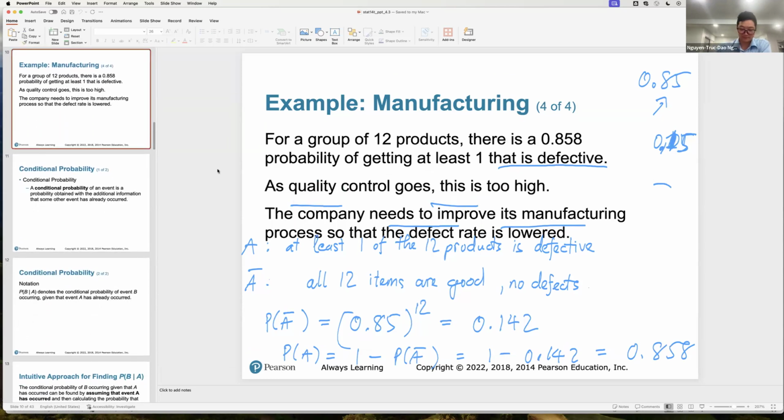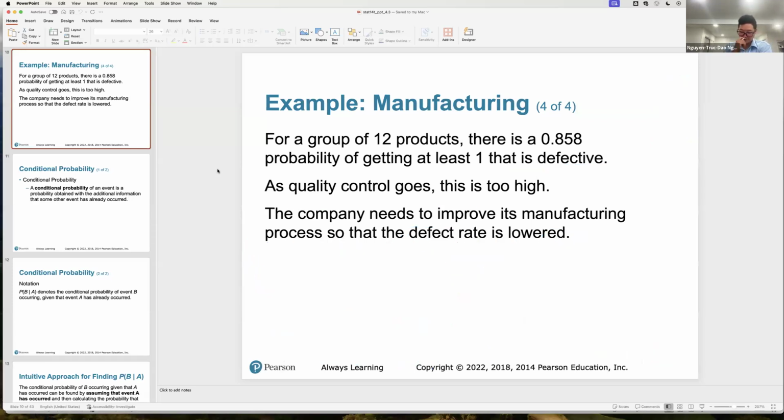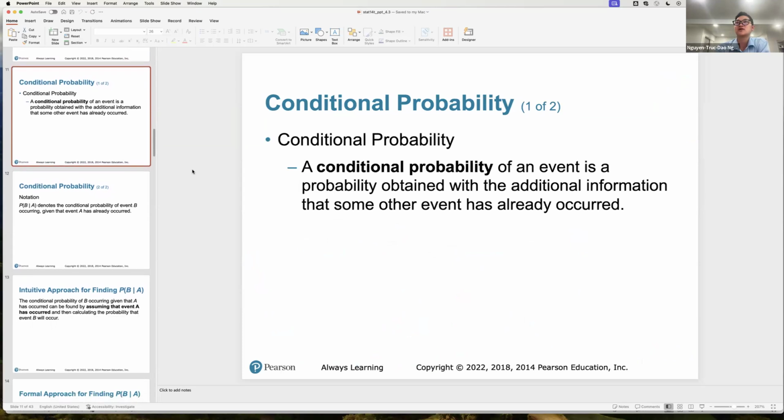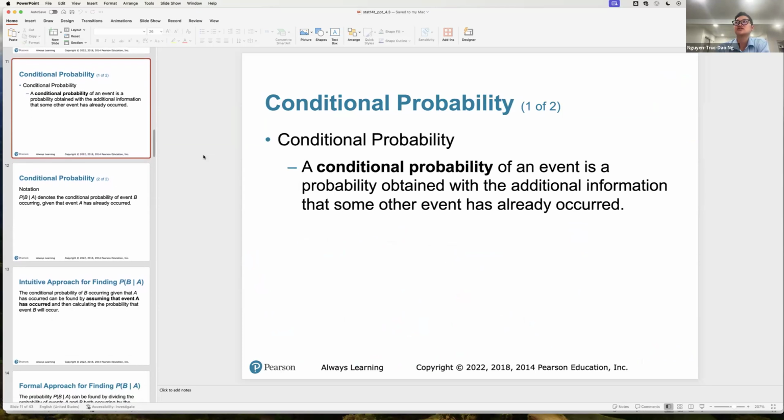Okay, if no, let's clear this one on my drawing. The next one that we are going to consider is conditional probability.